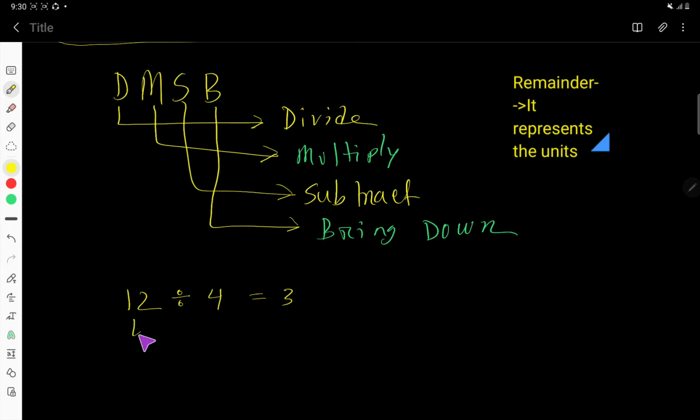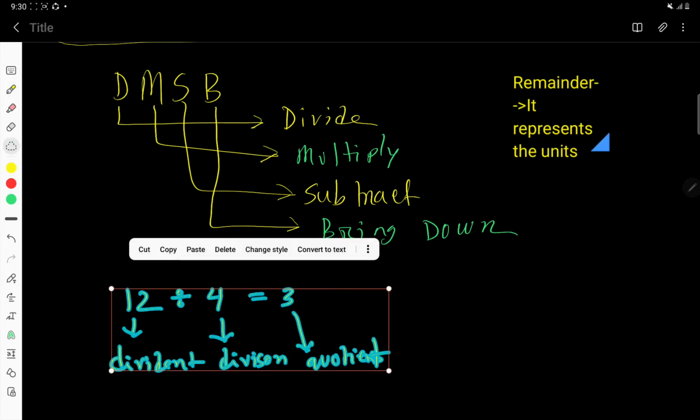So this 12 is the dividend, this 4 is the divisor, and the number of bags is the quotient. So if you have 12 bananas and you want to put 4 bananas in a bag, how many bags do you need? You need 3 bags. This is the basic example you can consider.